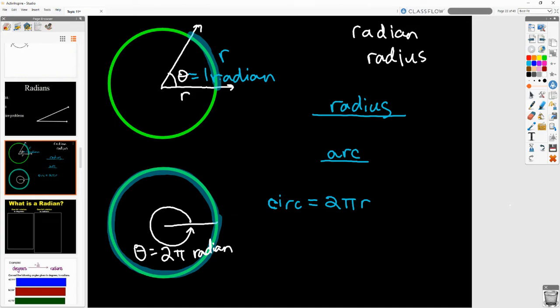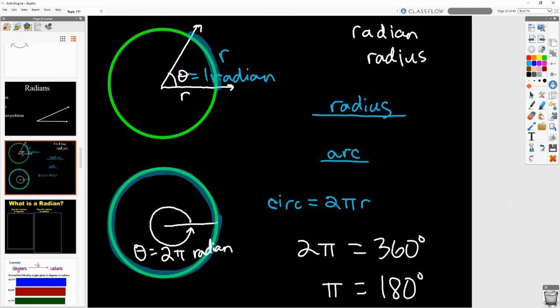So if you're talking about a 360 degree rotation, that would be 2 pi radians. And if you do a little bit of simplifying, a little bit of dividing, 180 degrees equals 1 pi radians.